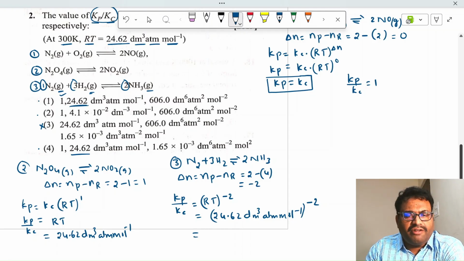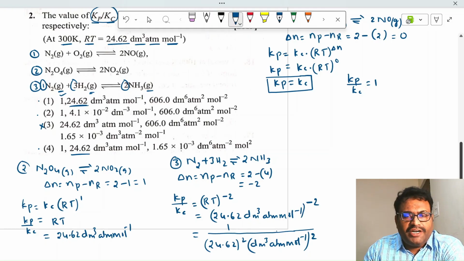So you are getting 1 by 24.62 whole square, decimeter cube atmosphere per mole whole square. Okay. As there is minus, when it comes to the denominator, it becomes a plus. Okay. On solving this, what do you get?